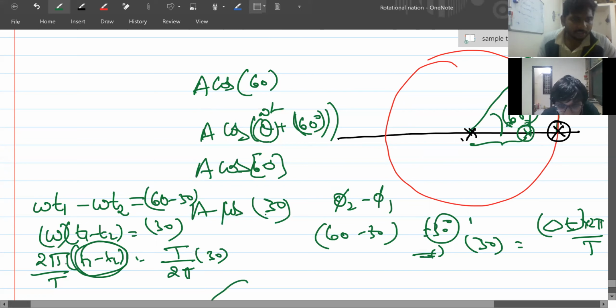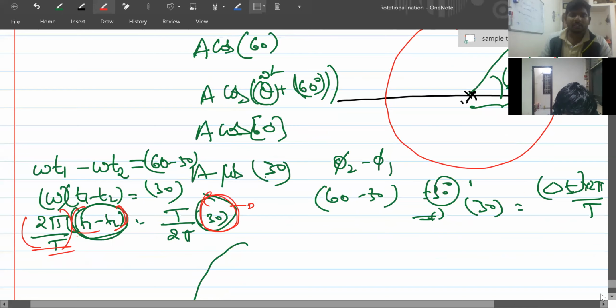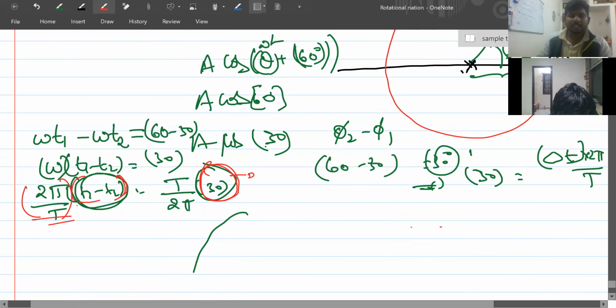How did I write it? That phase difference, here 30 degrees, right? 30 degrees can be gotten by the formula: the time difference between both of them into 2 pi by T. Now what is the time difference between both of them? You see here, one particle is at A by 2, the other particle is also at A by 2, right?